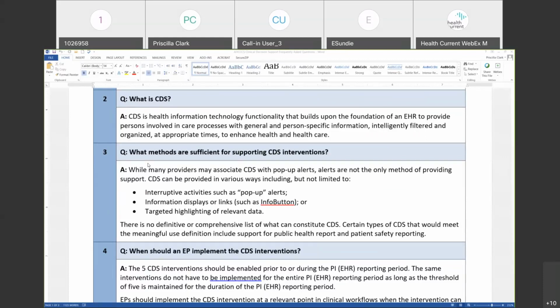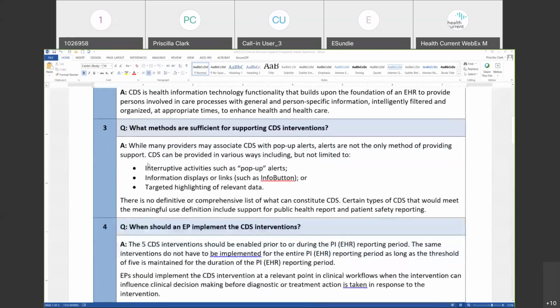There is no definitive or comprehensive list of what can constitute CDS. Certain types of CDS that would meet the meaningful use definition include support for public health reports and patient safety reporting.